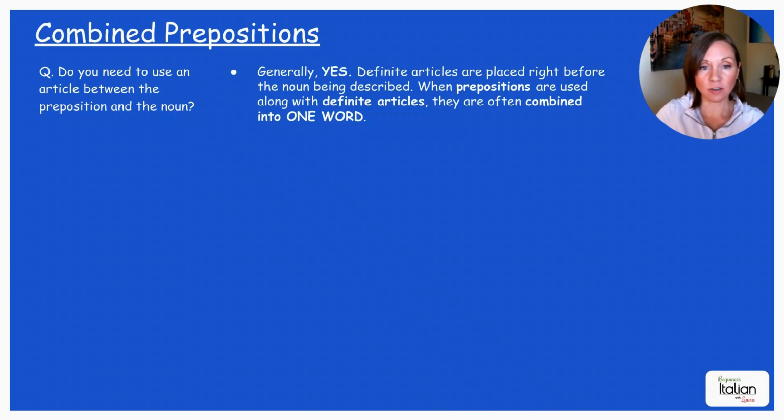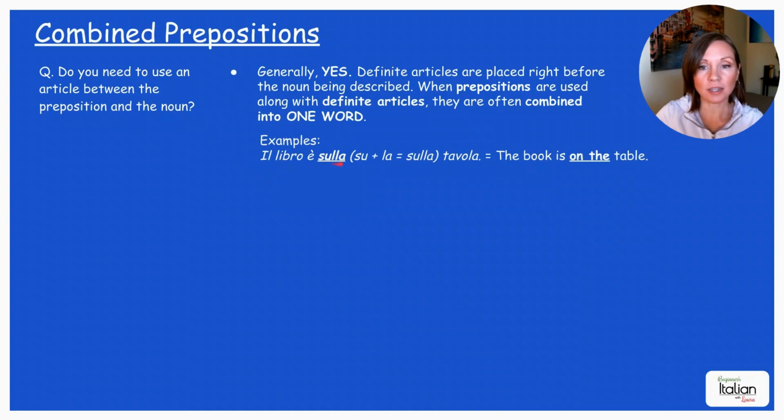When prepositions are used along with definite articles, they're often combined into one word. For example, il libro è sulla tavola. Okay, so we combine su, on, with la, the, table. Okay, so the book is on the table. We'd say è sulla tavola.